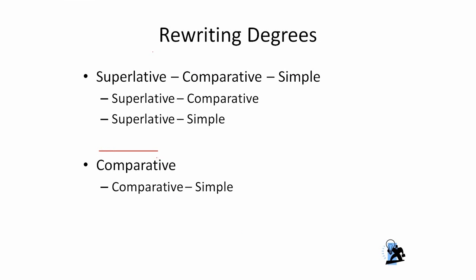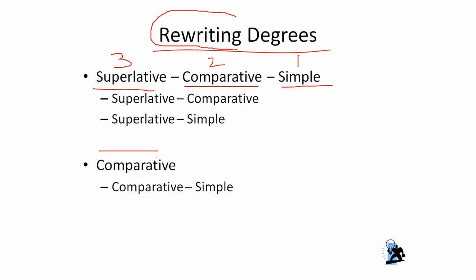Here we will try to learn how to rewrite the degrees. What I mean by rewriting degrees is we have superlative degree, comparative degree, and simple degree. This is the third one, this is the second one, and this is the first one. When we rewrite the degrees, it means a sentence which has superlative degree can be rewritten into comparative degree without changing the meaning.